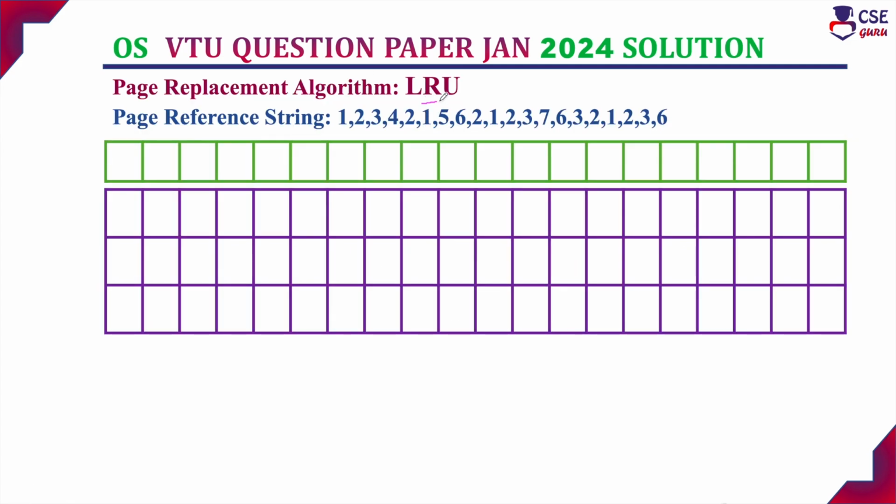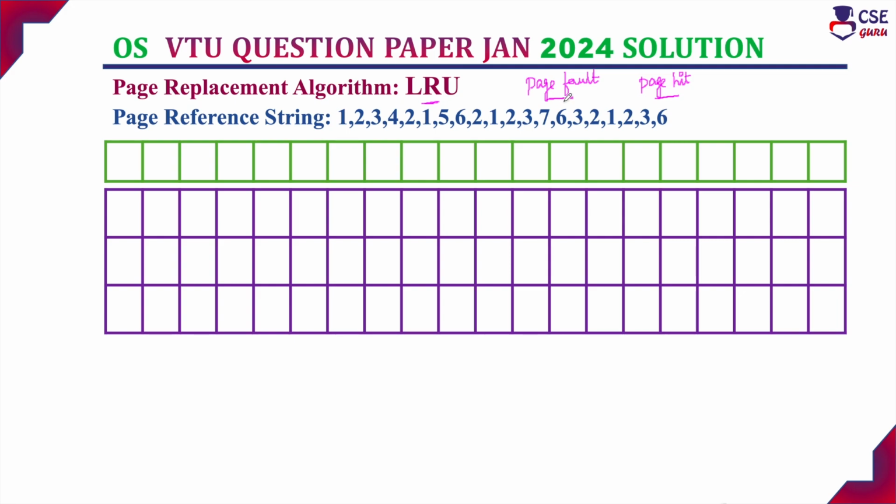So, LRU is nothing but least recently used page replacement algorithm. In page replacement algorithm, what do you mean by page fault? Whenever a process needs to execute, the required pages you need to bring into main memory. If the reference page is available in main memory, that is called page hit.